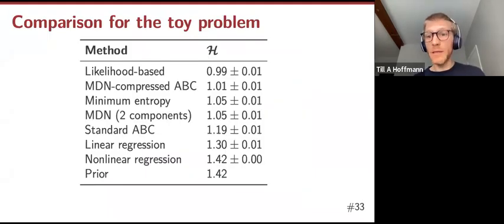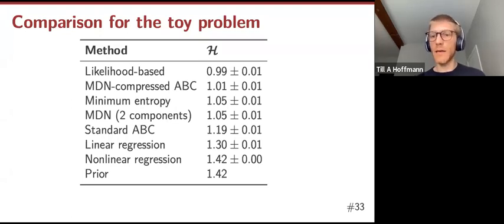So let's compare methods and see what they all do. Because we have the likelihood available for this toy example, we can do it likelihood based. So we'll just use Stan to draw posterior samples. And that method, of course, wins. Now, the next one is the mixture density network compressed ABC.